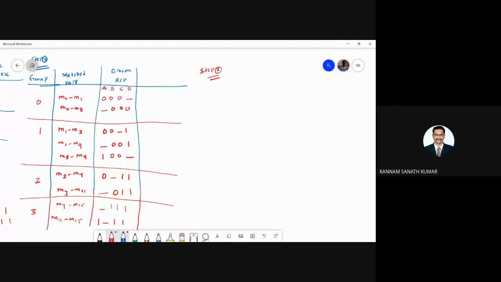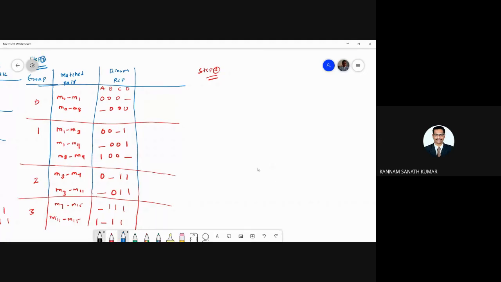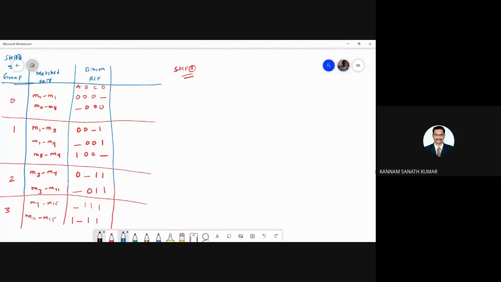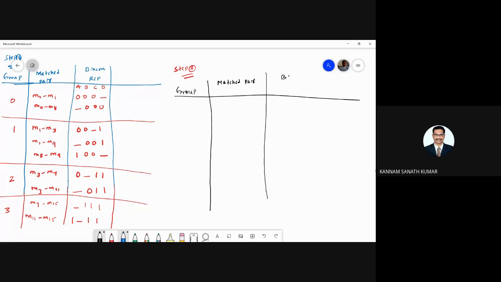So in step 3 again I am drawing the table: group, matched pair, and binary representation, that is A, B, C, D.